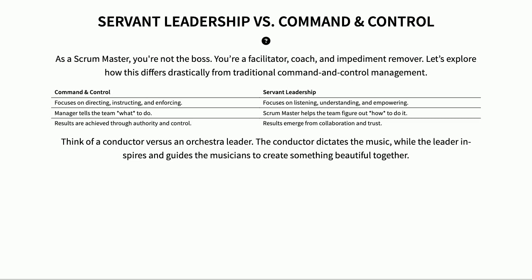You're building trust, fostering collaboration, and empowering your team to self-organize, basically helping them create their own best solutions. It's less about telling and more about guiding. Consider it like this: a conductor doesn't tell the orchestra each note to play. They inspire the musicians to work together harmoniously.